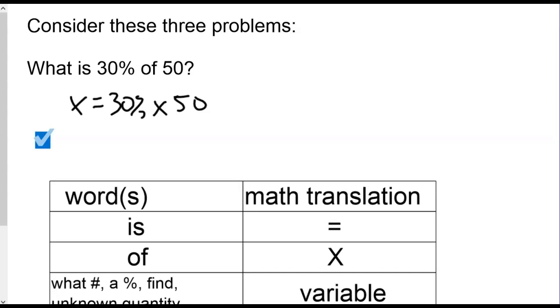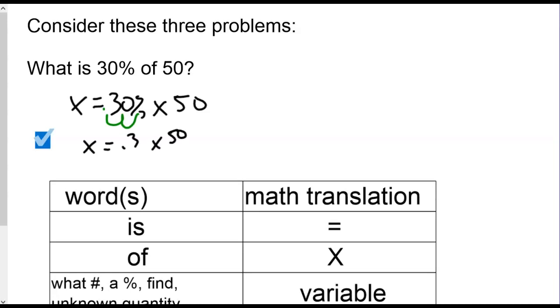Well, I can't multiply a percentage, but I remember from the last video that if I take this percent sign and I move the decimal over 2 spaces, then that translates into x equals 0.3 times 50.